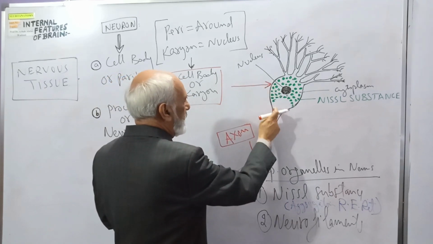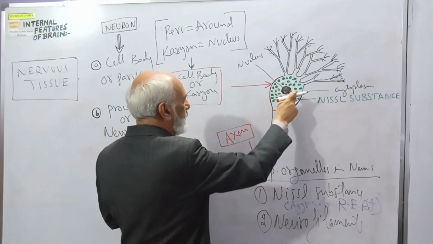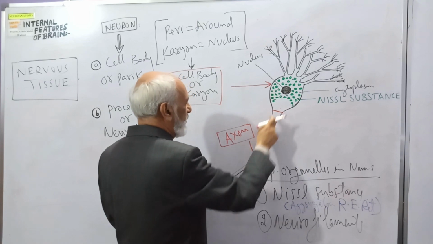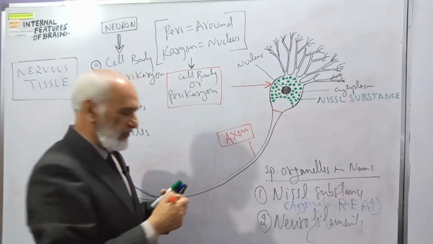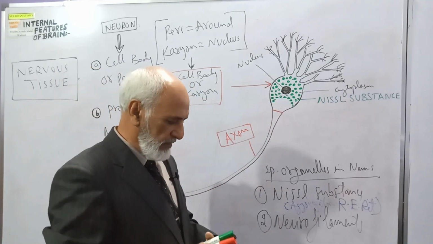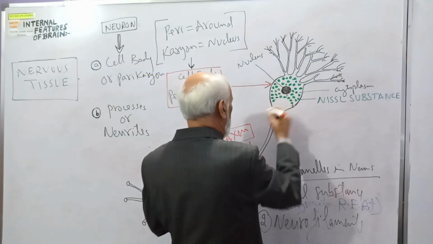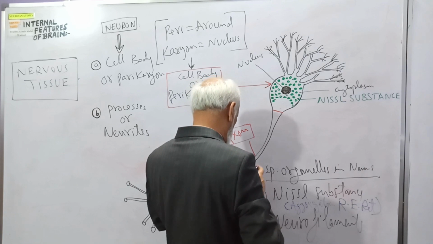So the distal part of the body of the neuron, from where the axon starts, this part is not having nissl substance. This portion of the cell body of the neuron is known as the axon hillock.